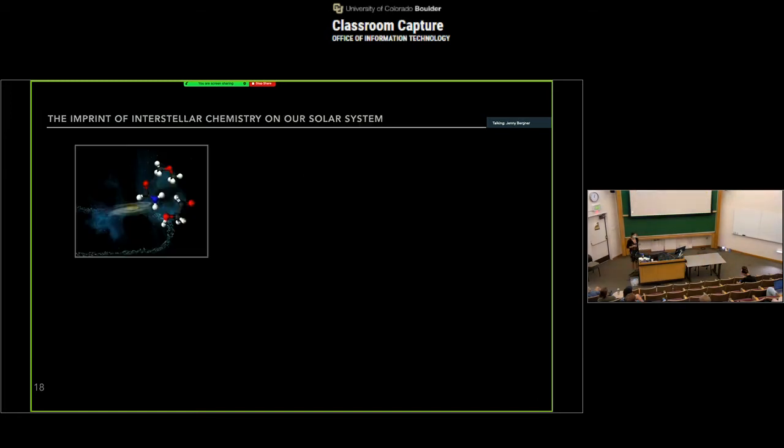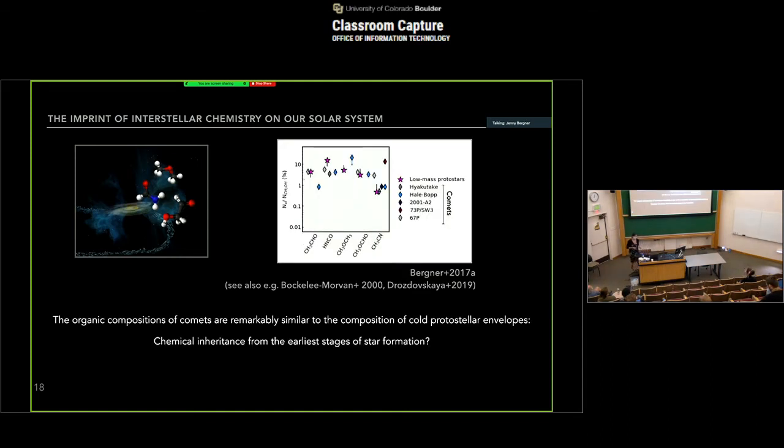Okay, so we've thought a little bit about how we can generate organic complexity early on in the star formation sequence. And this is really important to understand because there's hints within our own solar system that chemistry from these early stages survived through to the planet-forming era. Among many other lines of evidence, you can see that there's a remarkable similarity in the organic compositions of comets within our own solar system and the low-mass protostellar organic inventories.